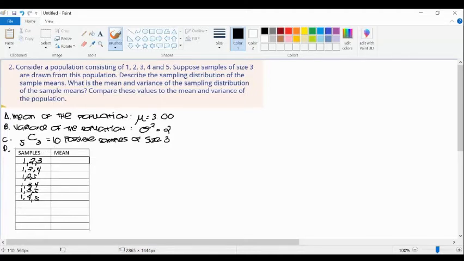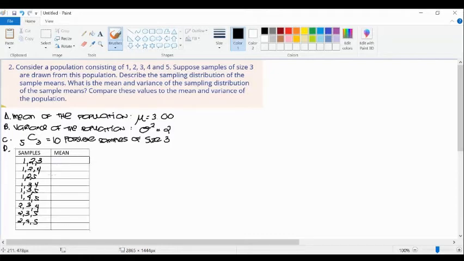So let's try 2, 1, 3. We already have it. It's just the same as 1, 2, 3. Let's have 2, 3, 4. Next, 2, 3, 5. Next, 2, 4, 5.